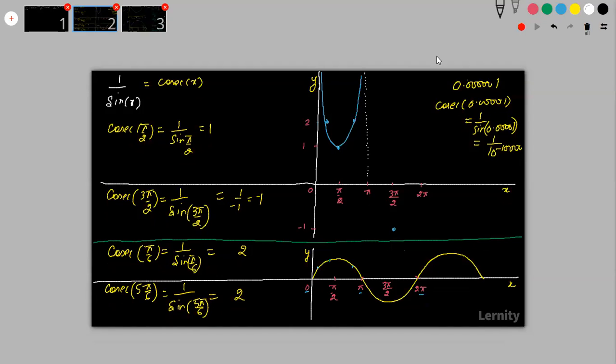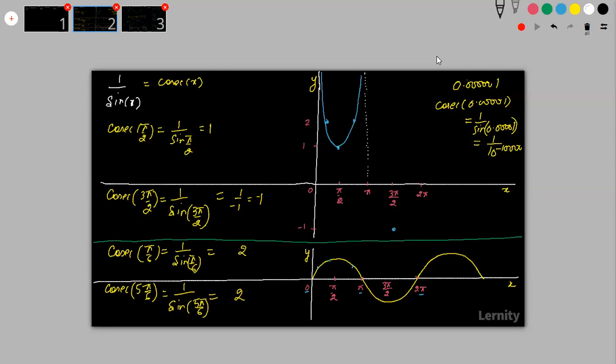Sir, if the left side is infinity, why is the right side also infinity? See, as sin x is approaching 0 on the left side, the right side is also approaching 0, so the function approaches infinity on both sides. And there are two values it will never take: 0 and pi.